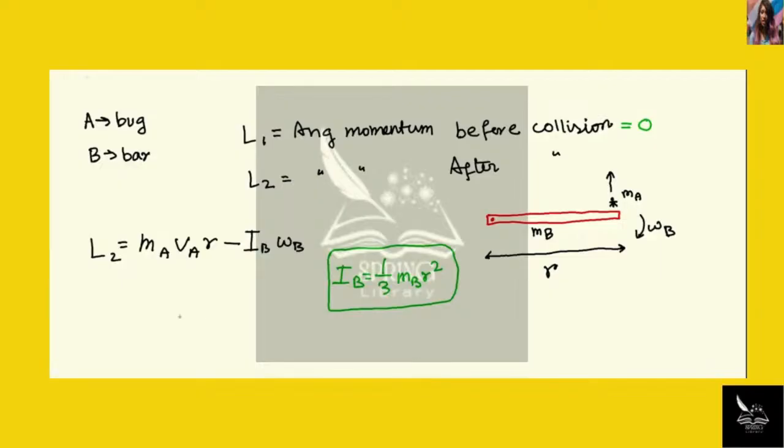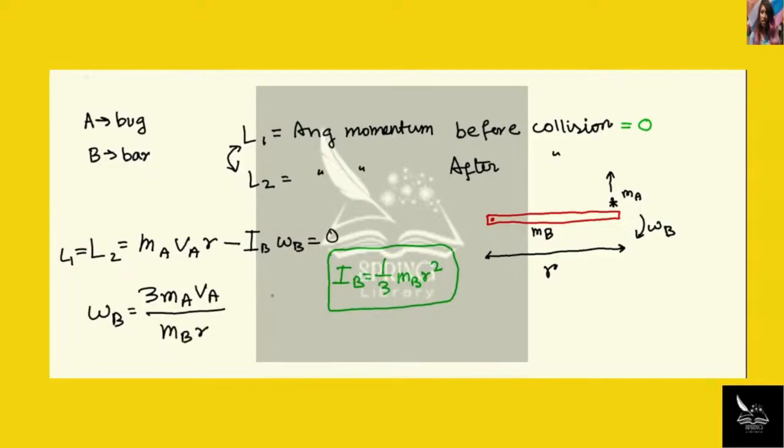So from here, we'll equate these two things, before collision and after collision. And since this part is zero, this whole thing should be equal to L1, which is equal to zero. So from there, we get omega b equals 3 ma va divided by mb r.